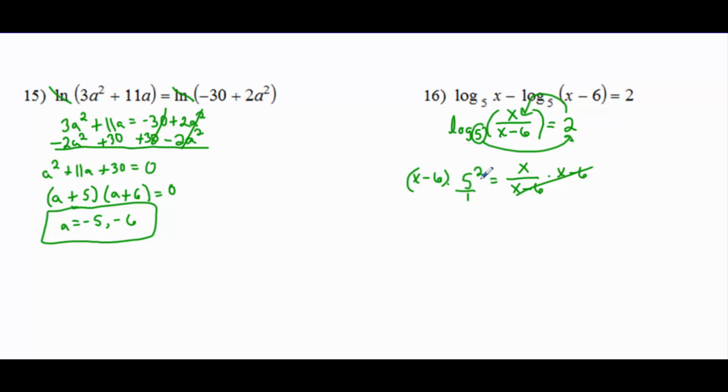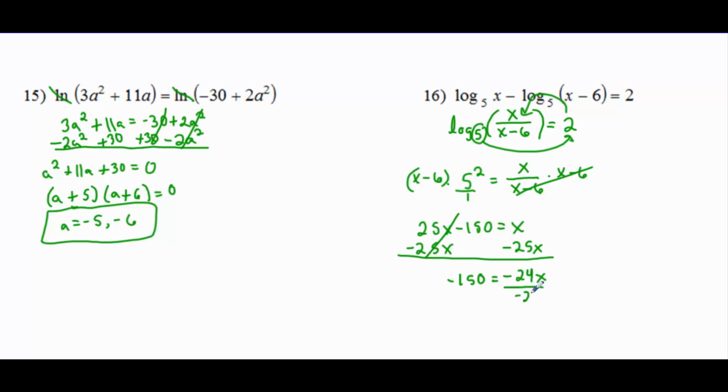So this is 25, and I'm going to distribute it into x minus 6. So that's 25x minus 150 equals x. Add 100, no, I need to get the x's together. Subtract 25x from both sides. Negative 150 equals negative 24x.